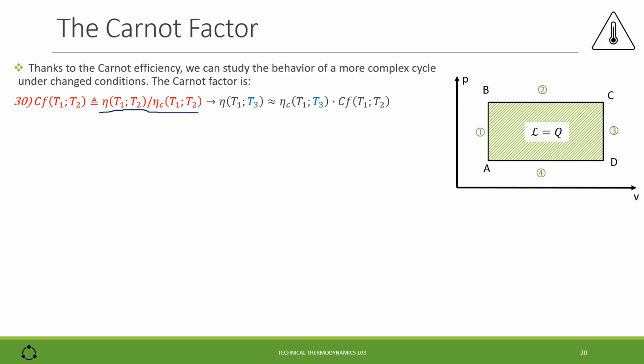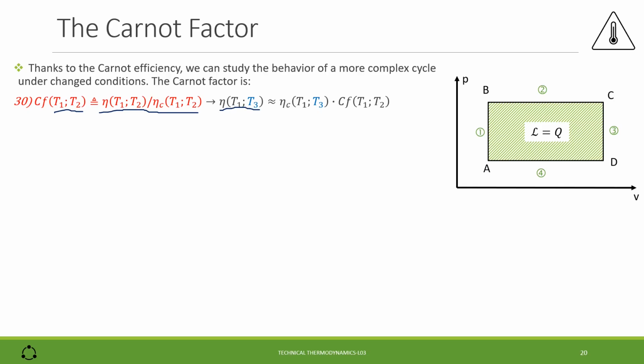And this of course depends upon the minimum and maximum temperature of the cycle. We can assume that the Carnot factor does not change if the temperature changes slightly. We can calculate the efficiency of the cycle under changed conditions.